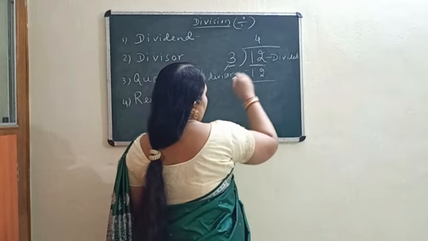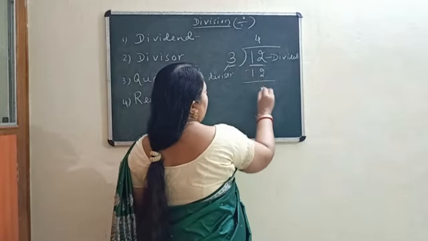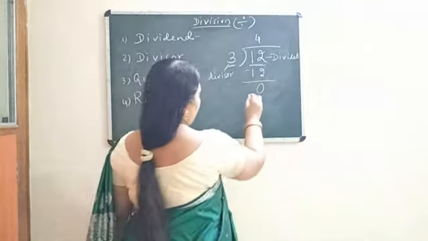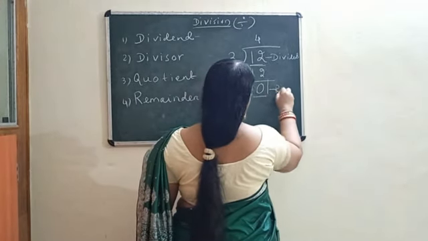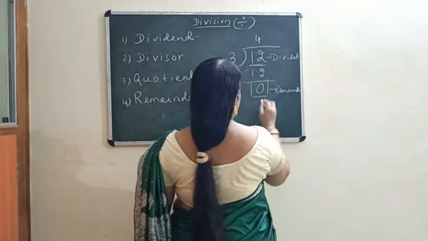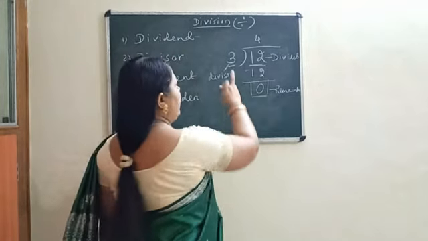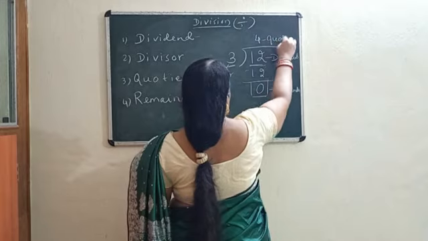Simply 12 is there in the 3 table, that means 12 minus 12 we are getting 0. If we are getting 0, this is called your remainder. That means this 12 is completely divisible by 3, in which 4 is your quotient.